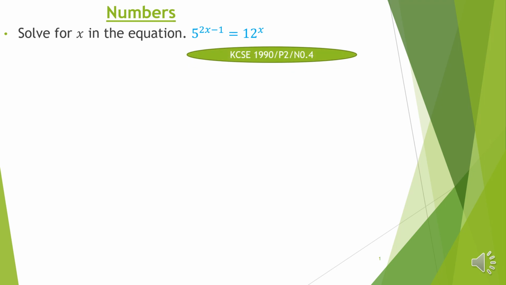Now this question appeared in KCSE 1990, paper 2, question number 4. I want us to move on to the solution part, check how the question was supposed to be solved, and also use the same concept to tackle other related questions.